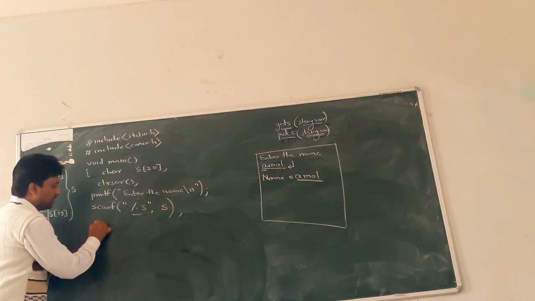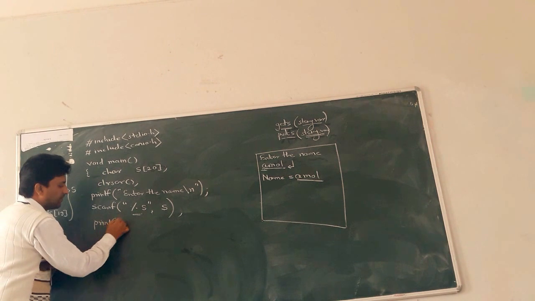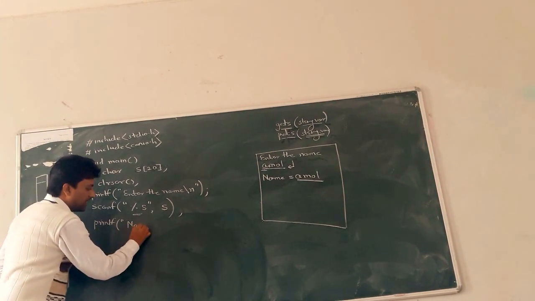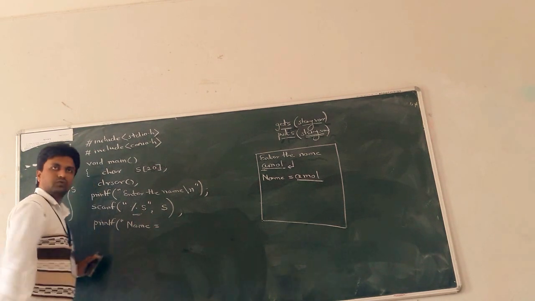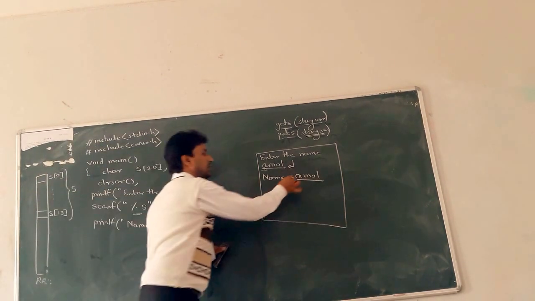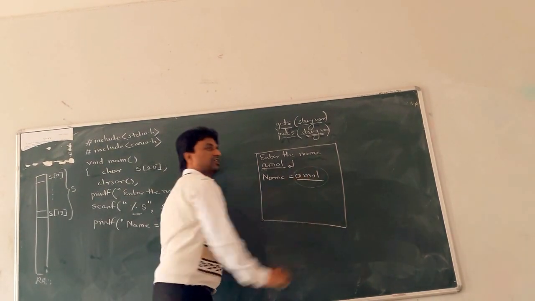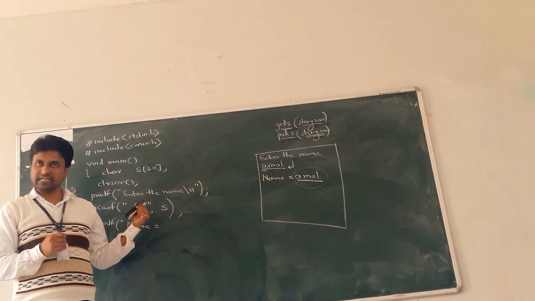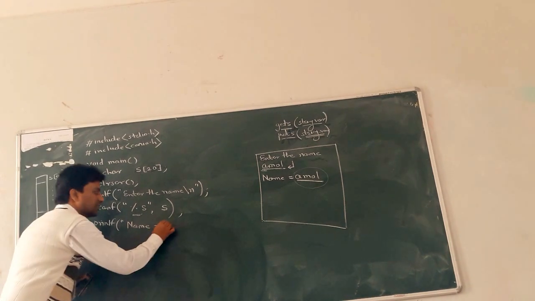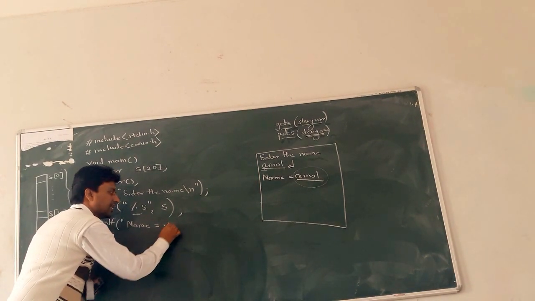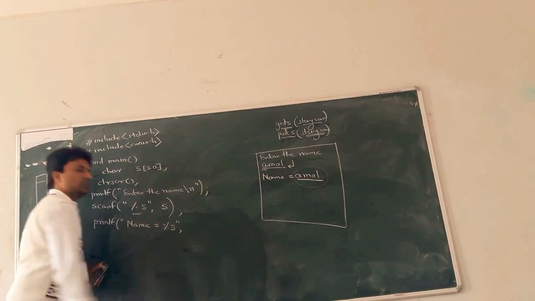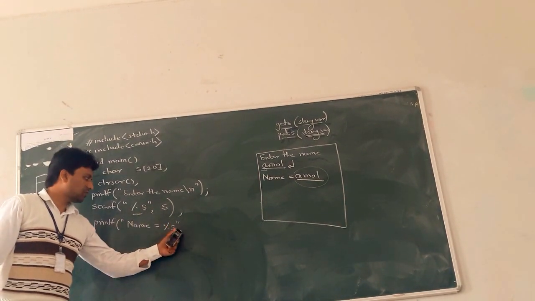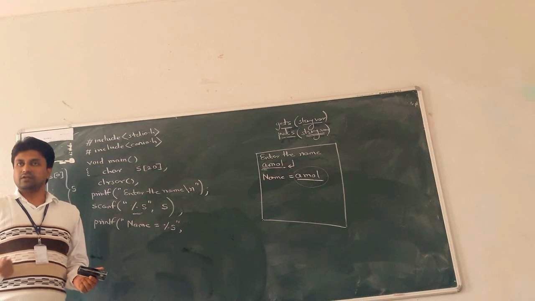For that, next line, printf. What do you display on the console? Double quotes, "name is equal to" as it is, but after that, what? Whatever string was scanned by the user, that string is displayed here. So for that, use %s again, double quotes, comma, the name of the variable.